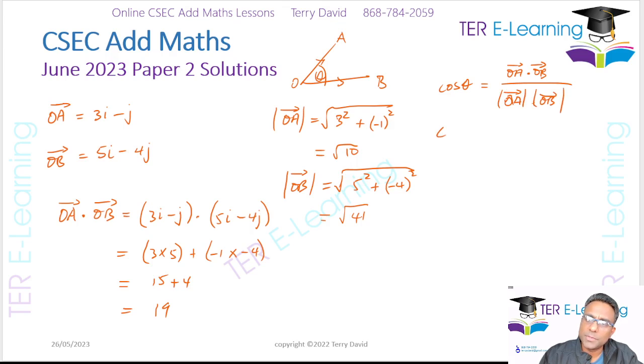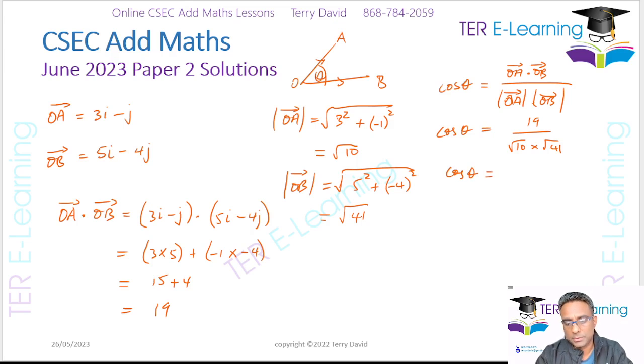So cosine theta is equal to 19 over root 10 by root 41. So therefore cosine theta is equal to, I'm getting 0.938.